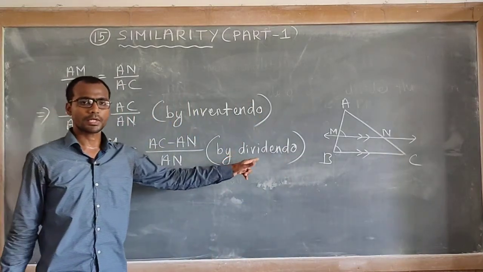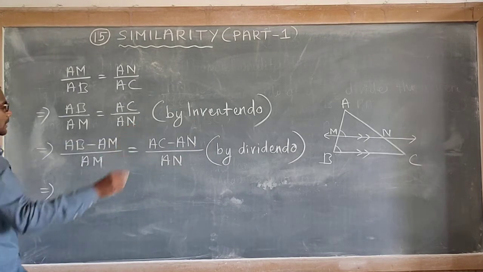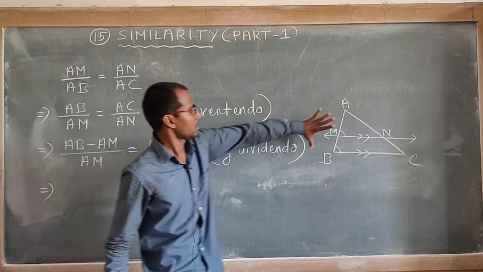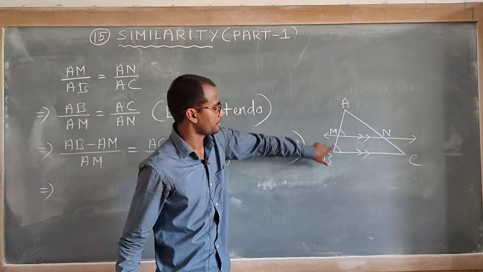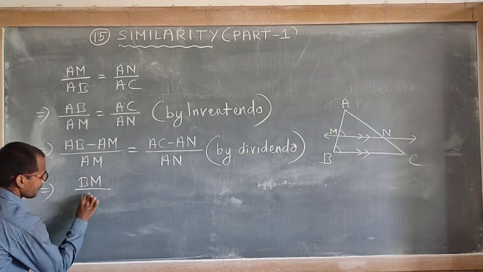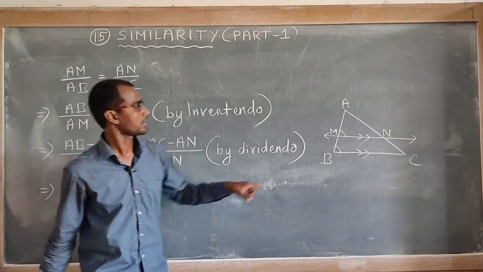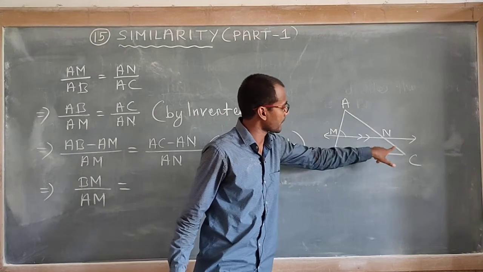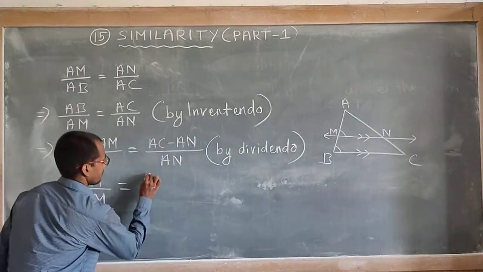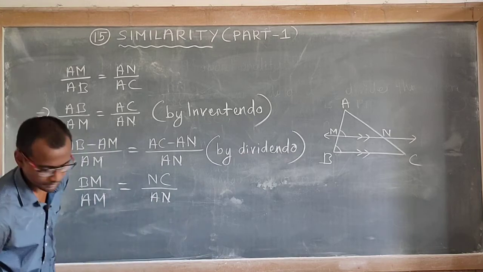In ratio and proportion you have studied dividendo means minus. Look at the figure. What is AB minus AM? AB minus AM is equal to BM. BM by AM is equal to, what is AC minus AN? AC minus AN is equal to NC. NC by AN.